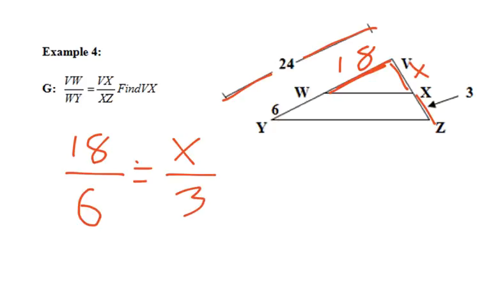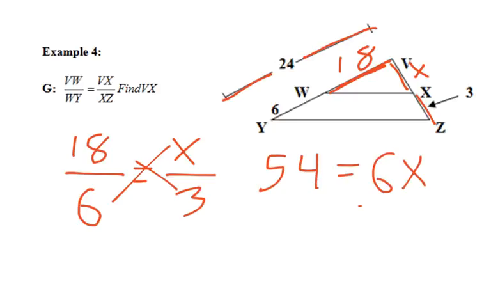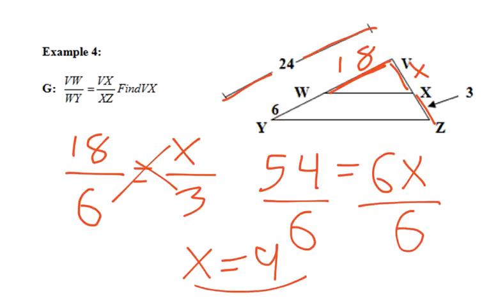Now all I have to do is cross multiply and solve for X. 18 times 3 is going to be 54, equals 6 times X, 6X, and divide by 6, X equals 9. Okay?